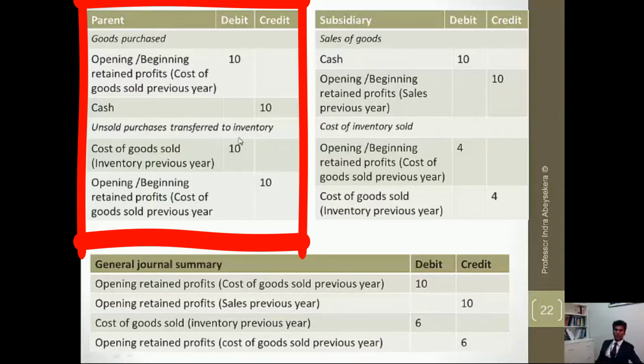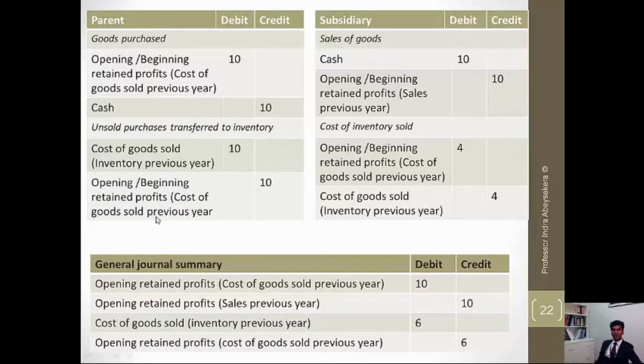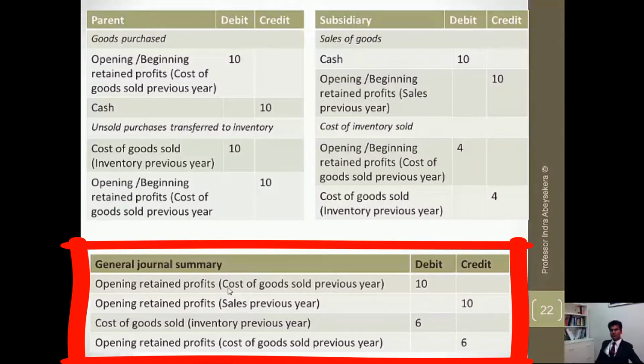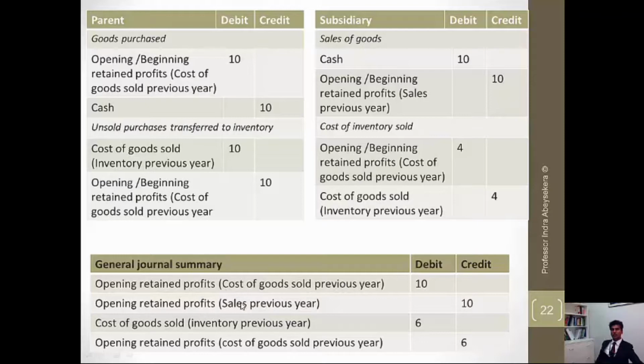Previous period inventory has now become cost of goods sold. And the cost of goods sold in the previous period has now become opening retained profits. So the general journal is debit opening retained profits, credit opening retained profits for the sale and cost of goods sold in the previous period, 10 and 10.